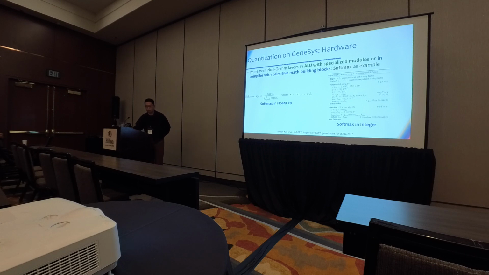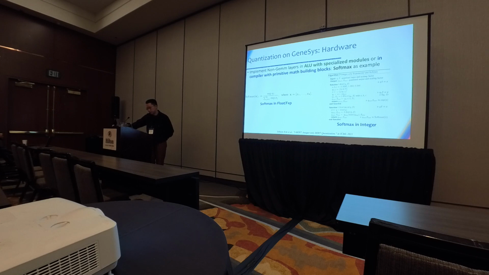The change in hardware is that you can either implement the non-GEMM layer in the ALU with a specialized module, as was saying, going with a hardware implementation of higher order, more significant modules, such as the Sigmoid example he gave, or you can implement it in the compiler with primitive math building blocks.